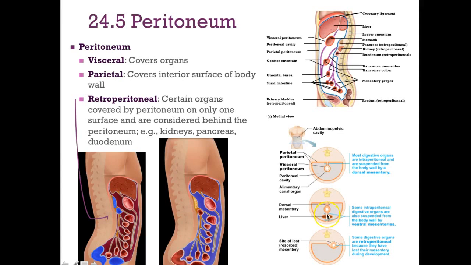And so we would call this the ventral mesenteries. And some structures will be developing posterior to this peritoneum. And so we would say that these organs are retroperitoneal, because they don't have any mesenteries that are associated with it.